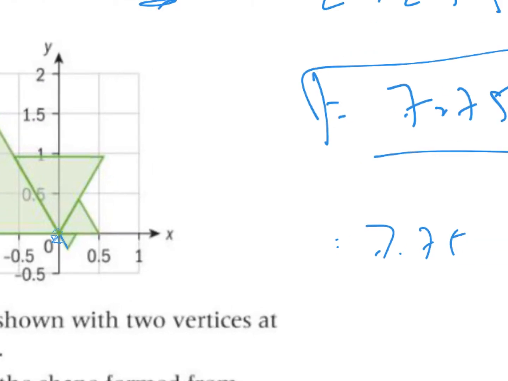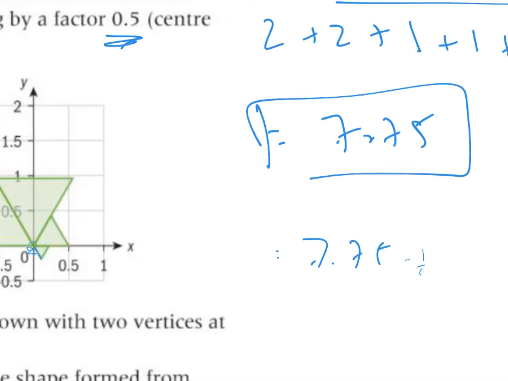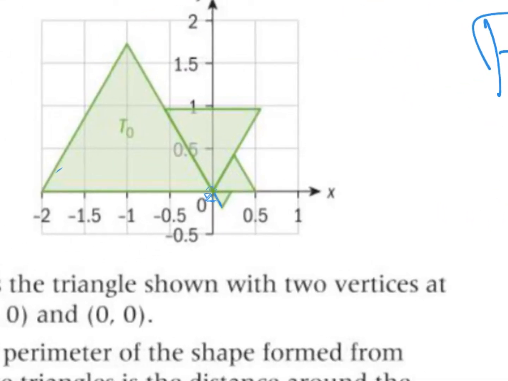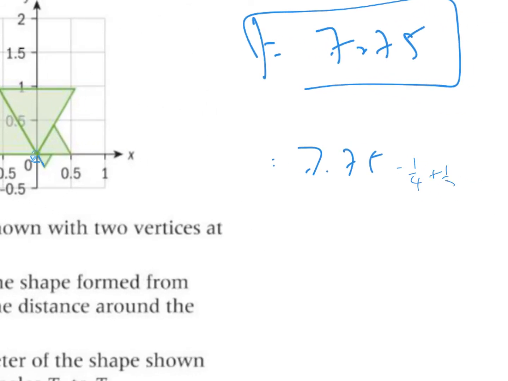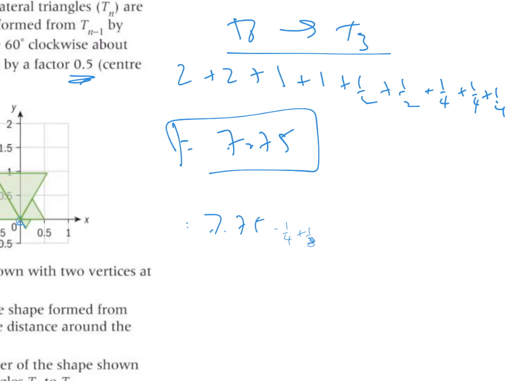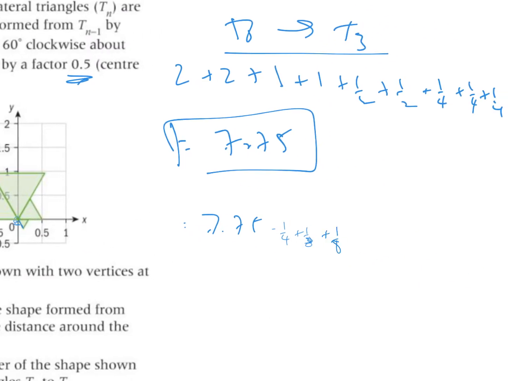I'm going to take that 1/4 off and add in 1/8 plus 1/8. So this is 1/8 plus another 1/8. Plus a 1/16, and we know there's 2 of them when we look at the pattern.